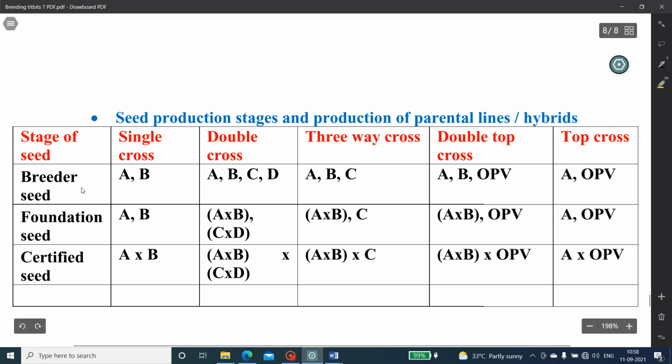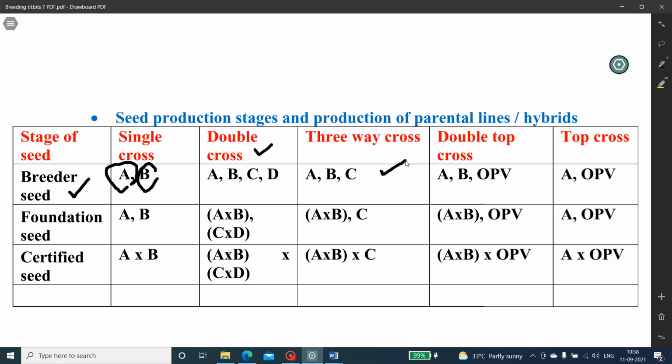In single cross, for the breeder seed, A is multiplied separately, B is multiplied separately. Like this in double cross, A, B, C, D parents have to be multiplied for production of breeder seed. In three-way cross, A, B, C, three inbreds are multiplied and maintained for breeder seed.